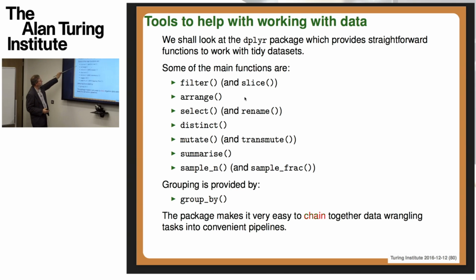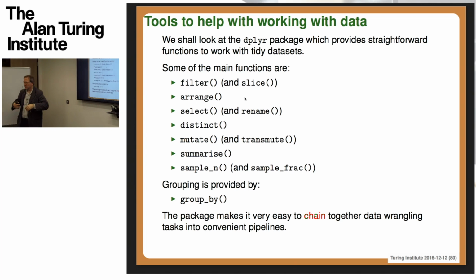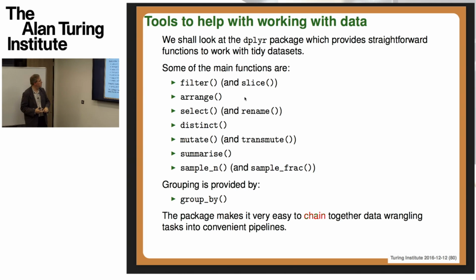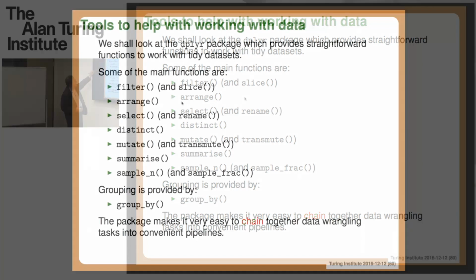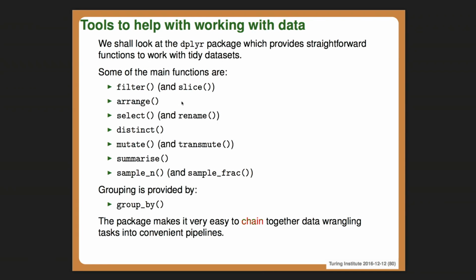So the main functions offered by this dplyr package are given here, and they're basically 5 or 6 verbs which are actions that you might do to your tidy data frames. I'll summarise a list of them here, and then we'll look at them in action in RStudio. So filter is a function offered by that package which allows you to extract rows from a tidy data set.